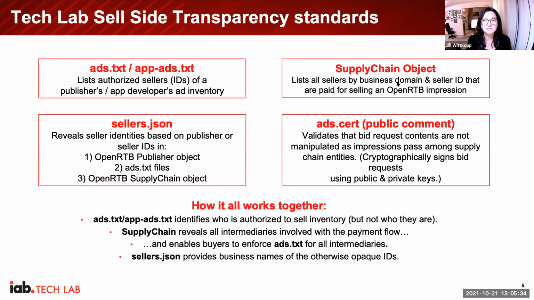The supply chain object is within the bid request, so within the actual transactions, and those are nodes that reveal each of the intermediaries, everyone that's involved in the path to purchase, or the payment flow as we generally say. It enables buyers to validate each intermediary and make sure that they're within an ads.txt or app-ads.txt file, to make sure that there is authorization there.